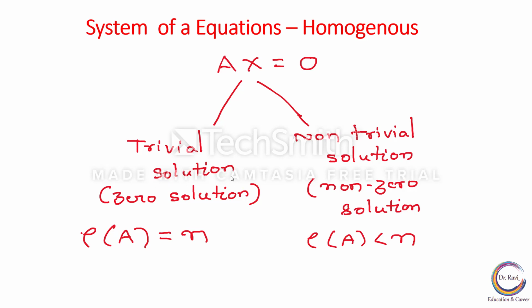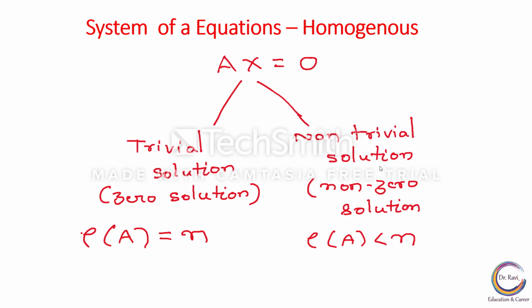So here we need not check for this, because this is always a solution which the homogeneous system will have. The only thing we have to verify is whether it is going to have any other solution, that is, a non-trivial solution. A non-trivial solution is nothing but a non-zero solution, which means infinitely many solutions.